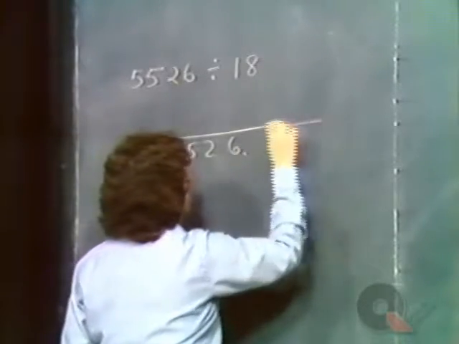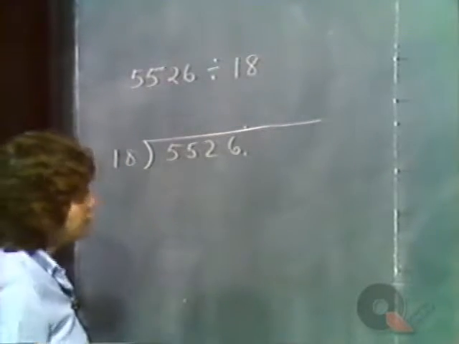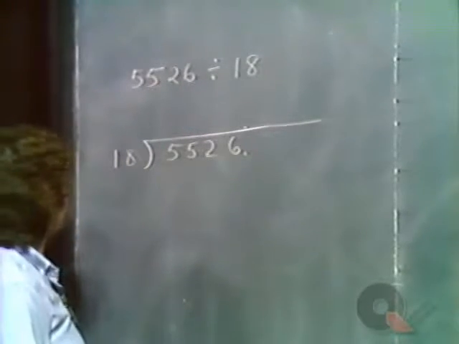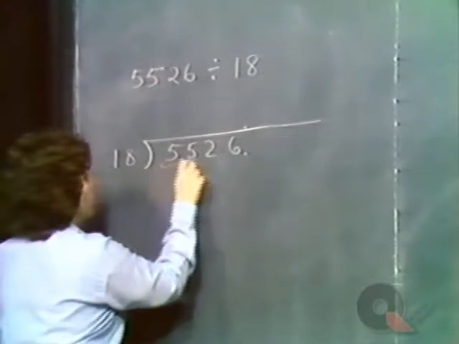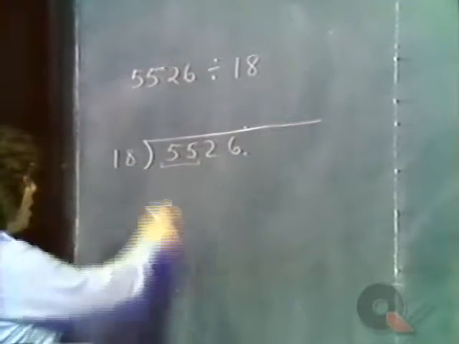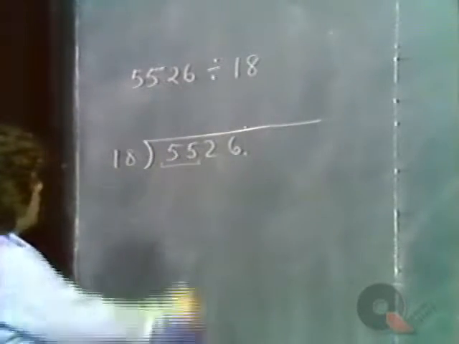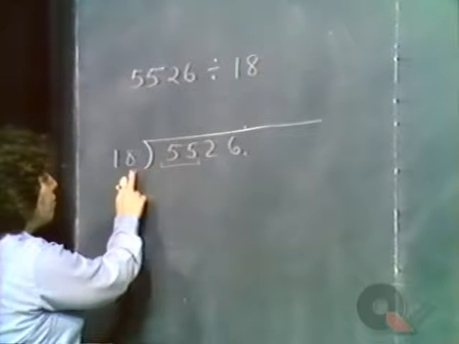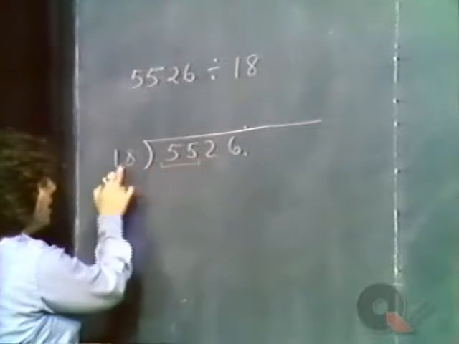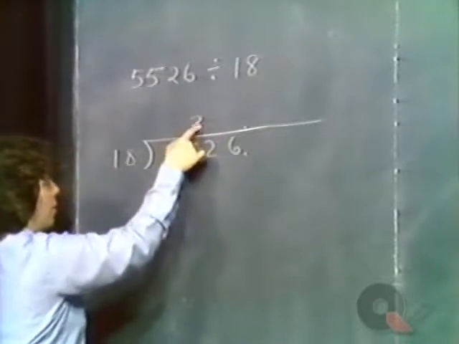And you can put the decimal points there in case you need it. But early on in the assessment test, there are some integer answers. Okay, 18 does not go into 5, but it does go into 55, so we'll start there. 18 times what? Well, 18 times 1 is 18, 18 times 2 is 36, 18 times 3 is 54, 18 times 4 would be too large.